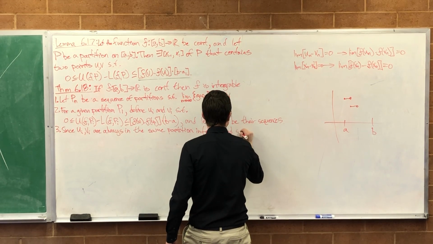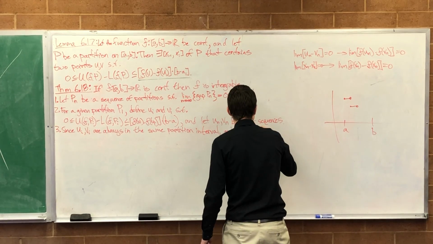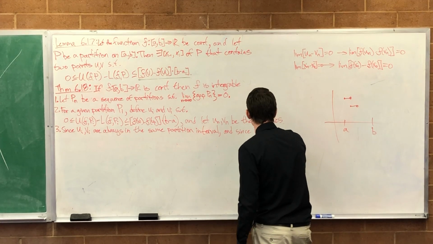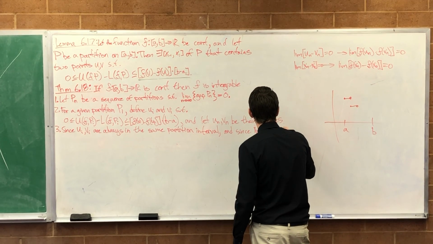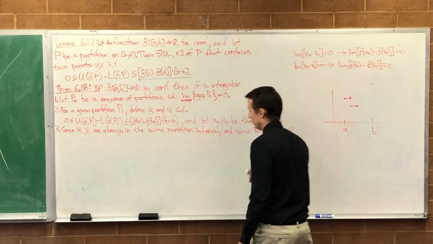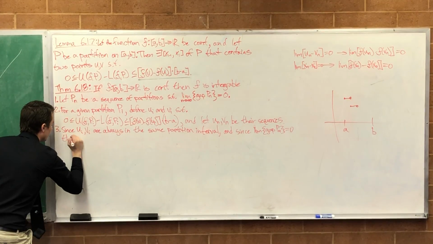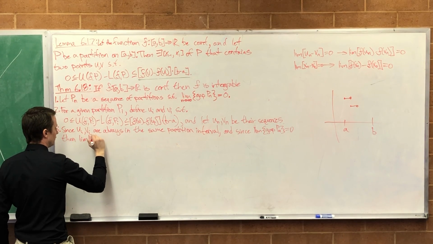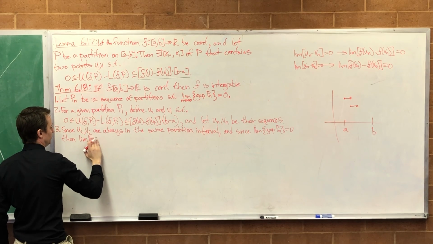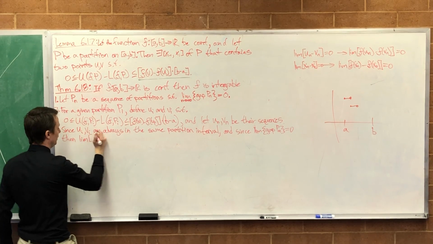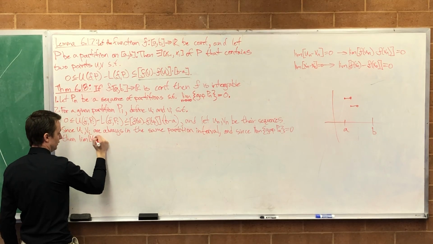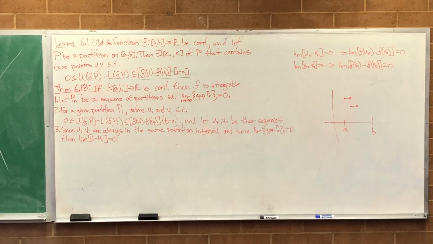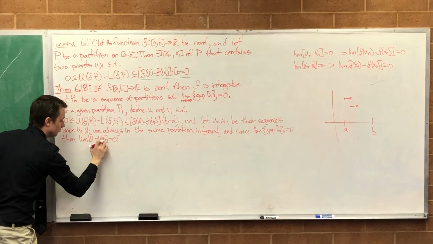and since the limit of the gap of P sub n is equal to 0, then the limit of the difference, doesn't matter which one we do first, but we'll do v first, is in the domain, so the difference between those, in the sequence now, is 0.